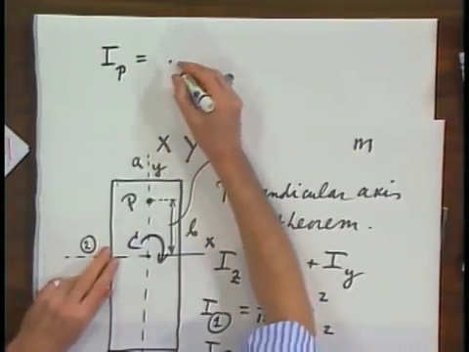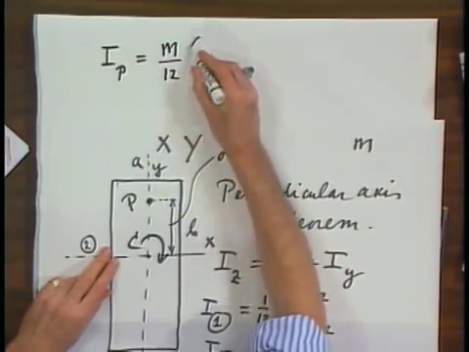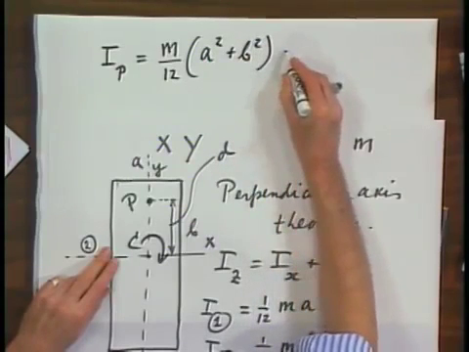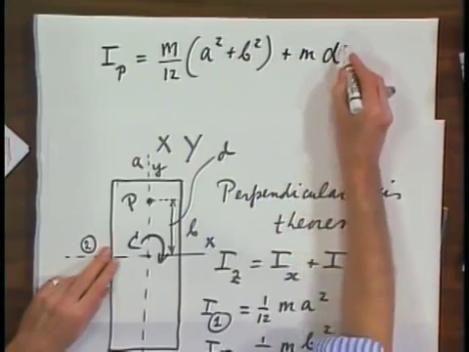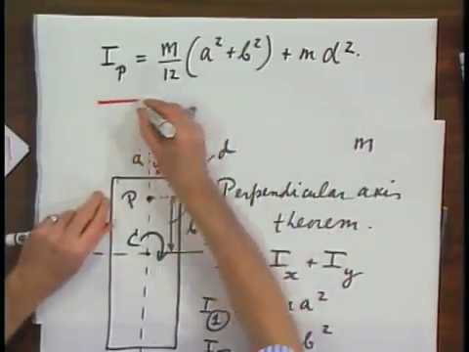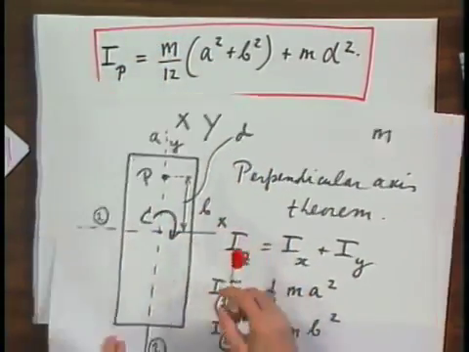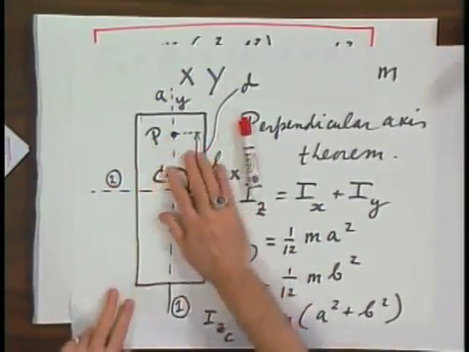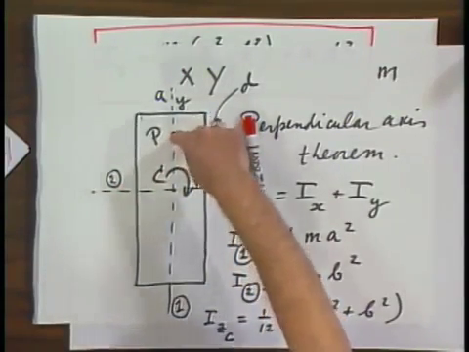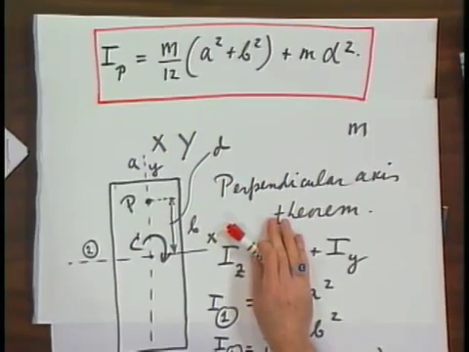And I will write that: m divided by 12, a squared plus b squared, plus m d squared. And I want you to remember this, because I'm going to use it later when I calculate the oscillation of a ruler with a pin through point P. And it's going to oscillate back and forth in the gravitational field.